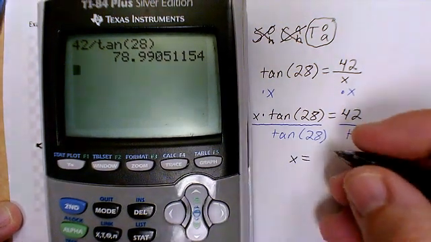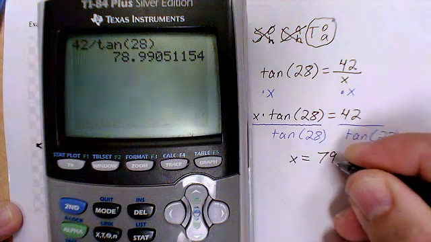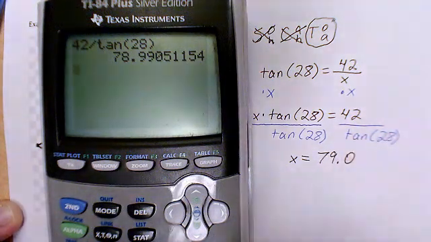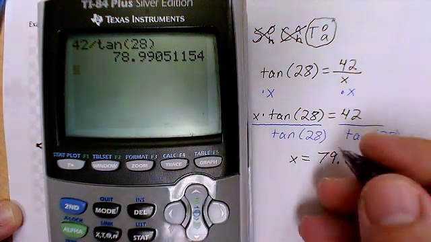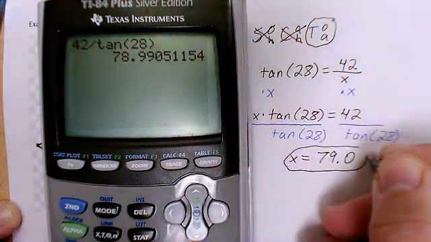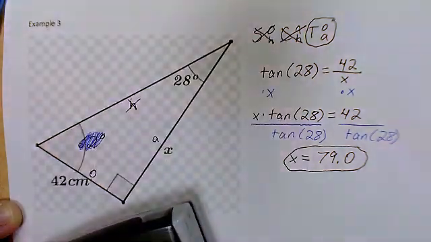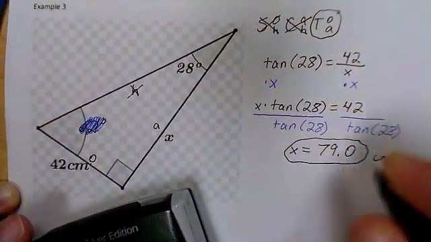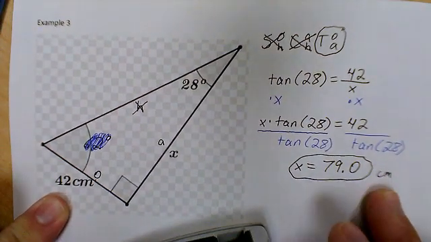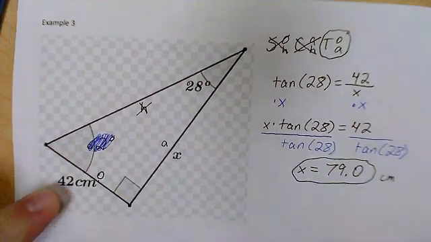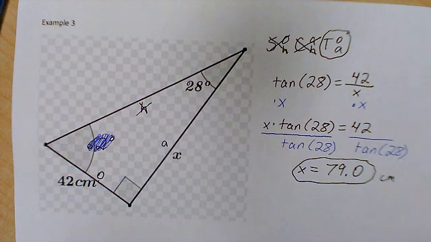If I'm rounding this to the nearest tenth, it would actually be 79.0, because that 9 would round this up to the next whole number. This would also technically be centimeters. I forgot to mention that since they did give me a unit. It would be wise to use the unit in your answer. All right, we got one left.